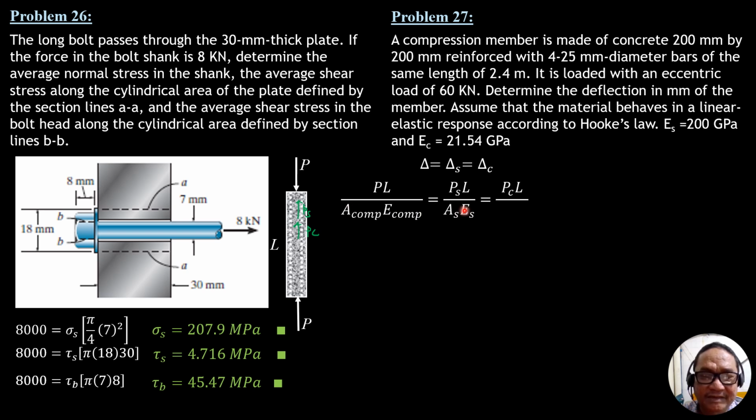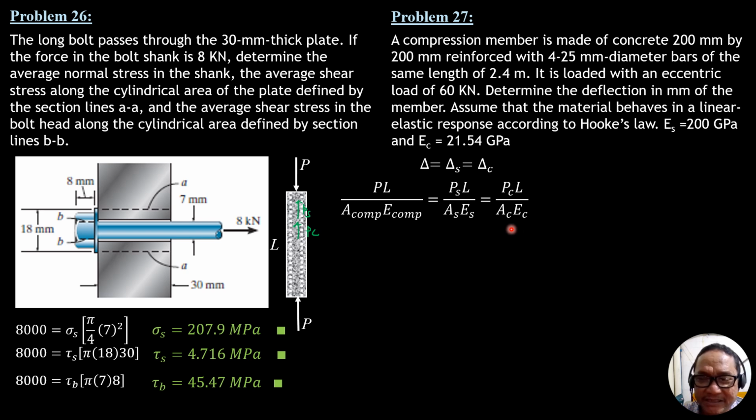So P of steel, length of steel over area of steel, modulus of elasticity of steel, is also equal to the deformation of concrete: force carried by concrete alone, length over area of concrete, E of concrete.